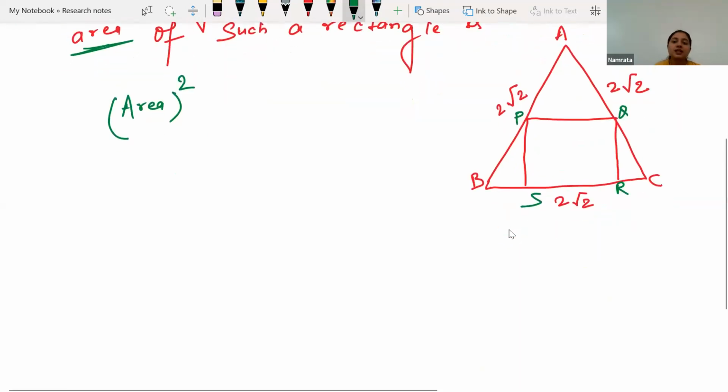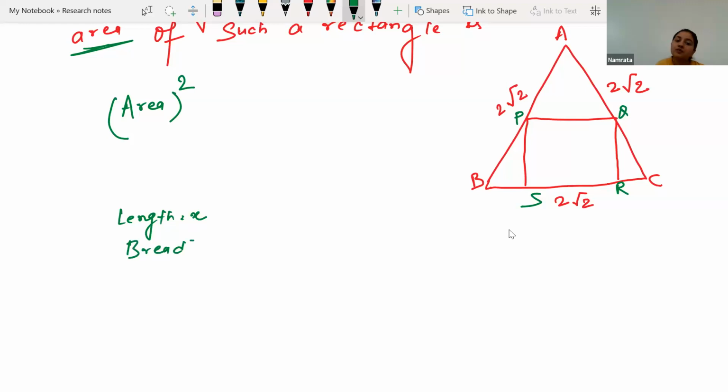So since PQRS is a rectangle, let's say the length of the rectangle is X, and the breadth or width of the rectangle is H. This one is H and this one is X. Okay, so since it's a rectangle, as already mentioned in the question, the area will be length into breadth.